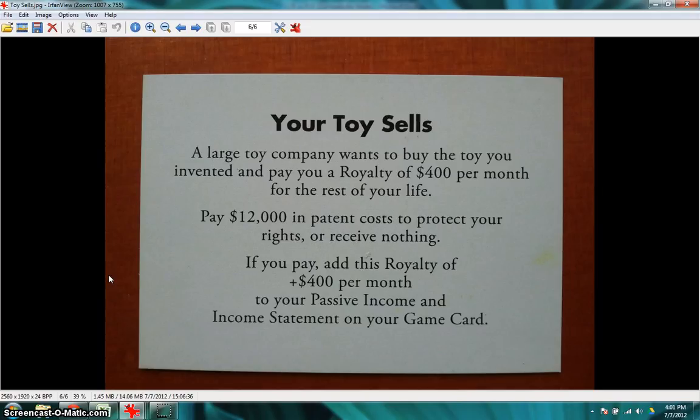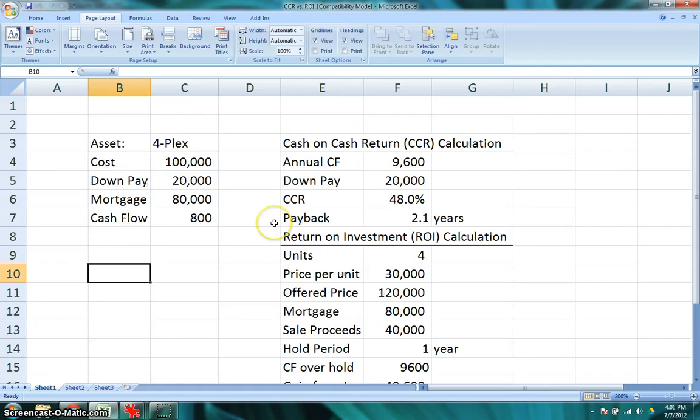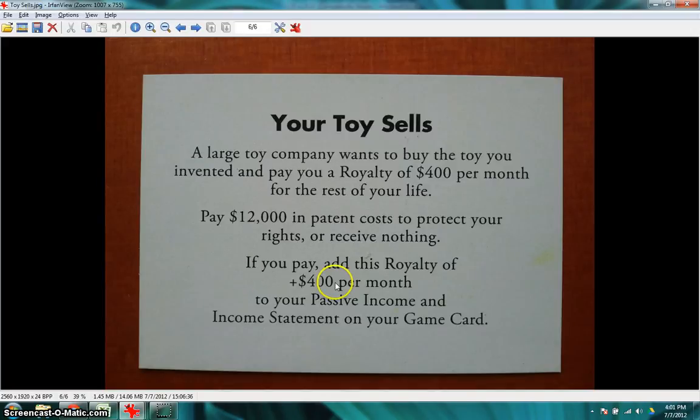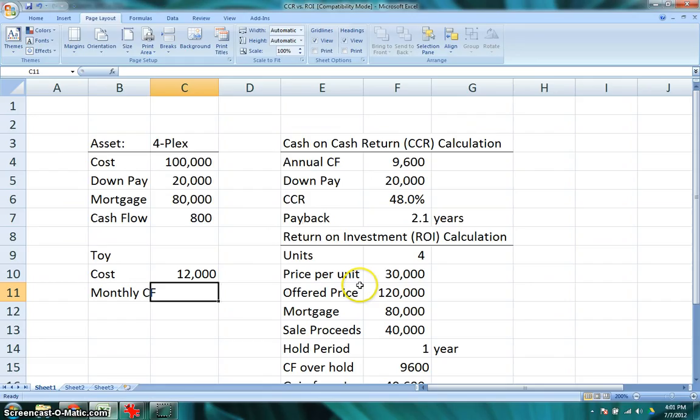we're going to look at what's our total cost. Our cost is $12,000. We'll just put toy over here. And our monthly cash flow was going to be $400 per month. So our annual is going to be 400 times 12.